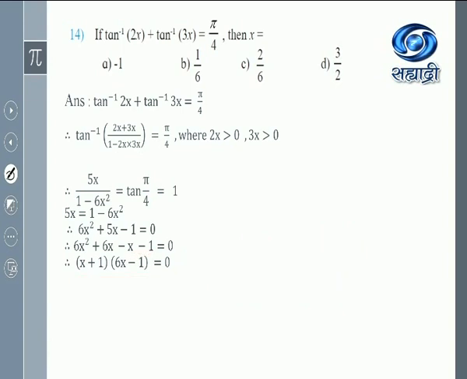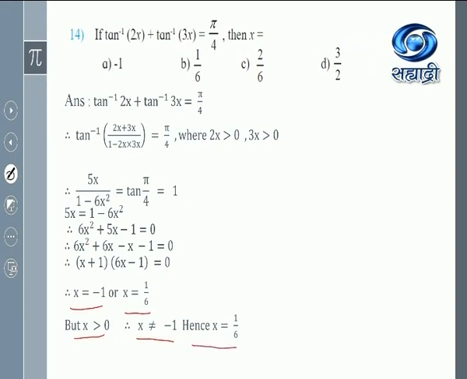Now equate each factor to 0, that is x plus 1 equal to 0 and 6x minus 1 equal to 0. Therefore, x is equal to minus 1 or x is equal to 1 upon 6. Are you getting the method? But x is greater than 0, right? Therefore, x is not equal to minus 1.